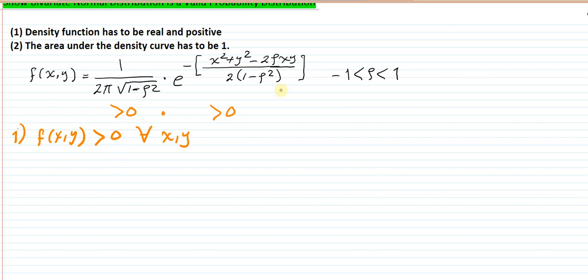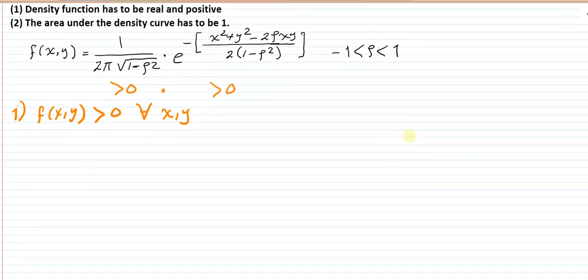Now next we need to show that the area under the density curve is 1. We're working on number 2 now. I'm going to recall what the marginal densities of x and y look like, and remember, these are standard normal.